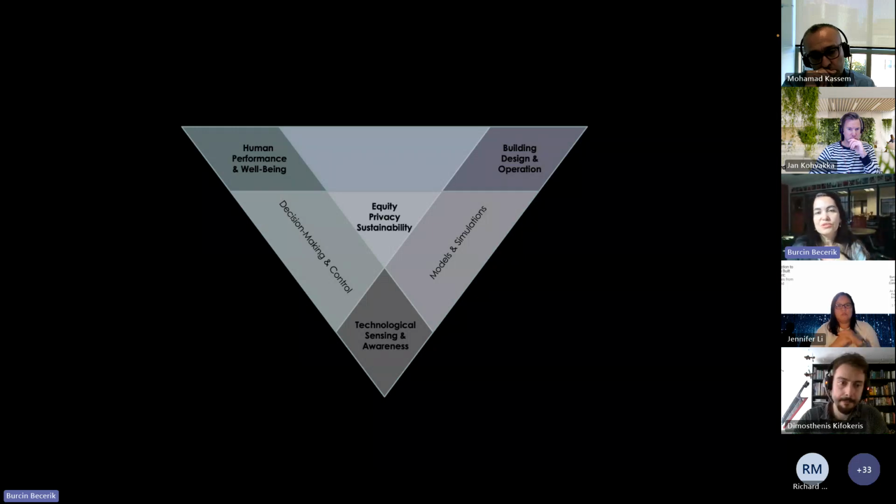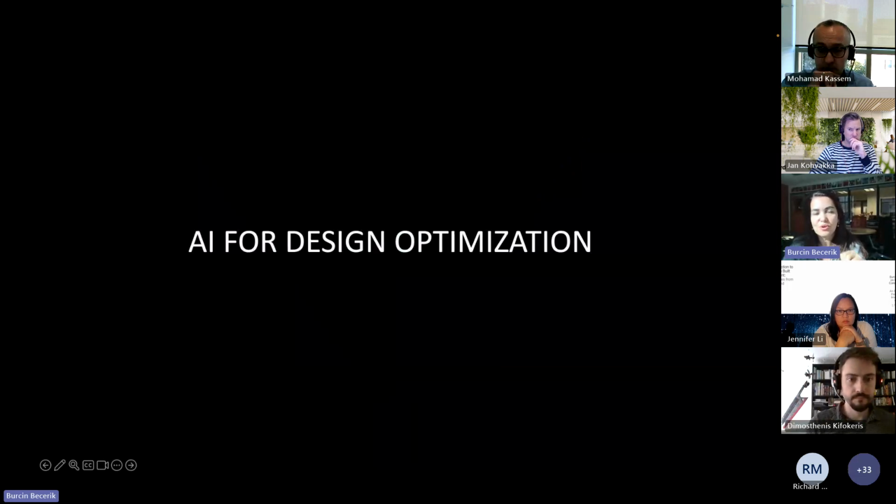To realize these objectives, it is extremely crucial to build trust in AI and explore human-AI collaborations. So I'll skip slides and focus on a couple of projects to give you a sense of how human building interaction could be enabled within our built environments.